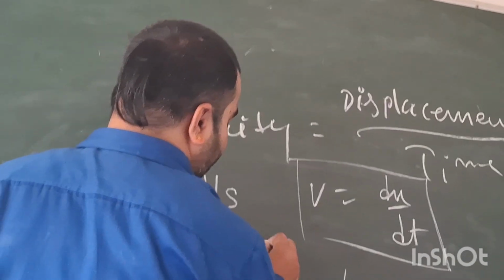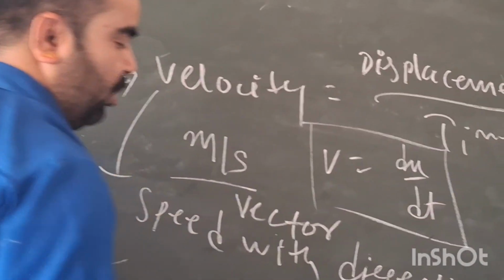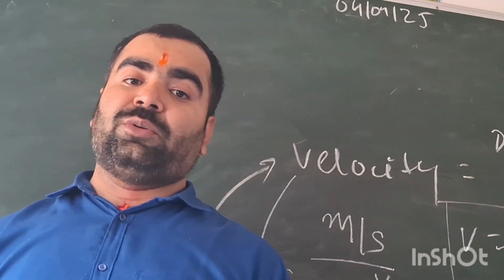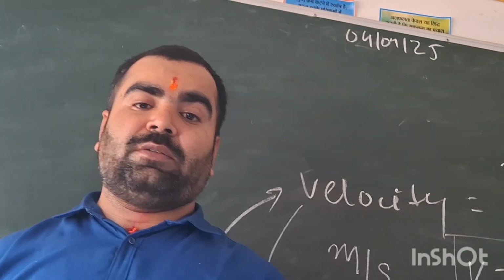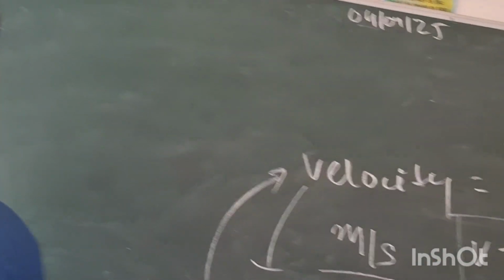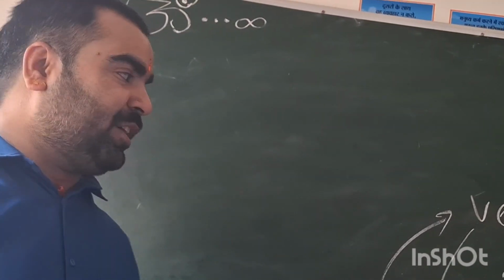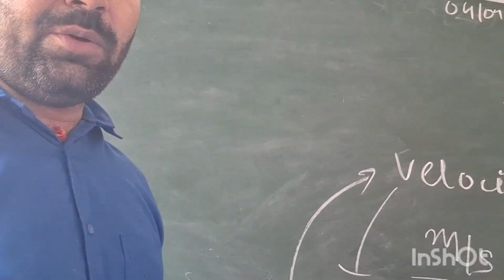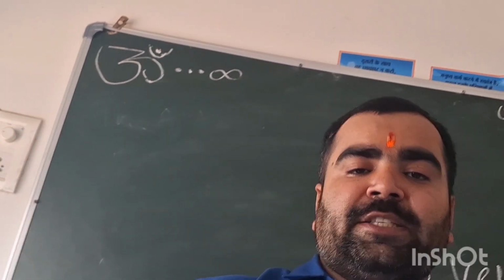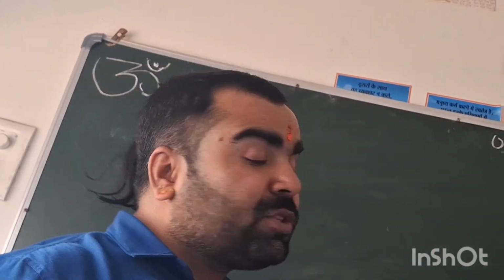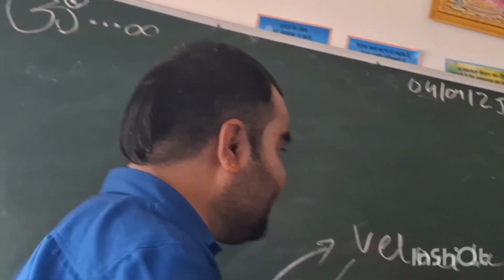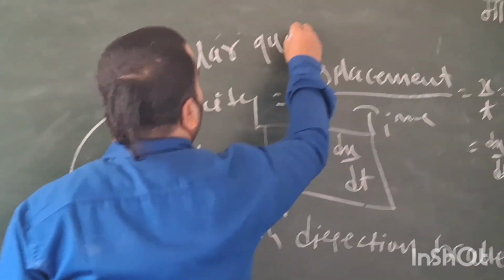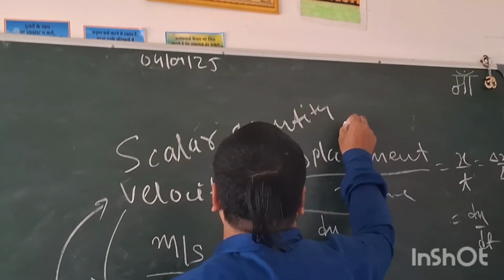It is a vector quantity. Vector quantities are those quantities which have both magnitude and direction, and those quantities which have only magnitude, no direction, are called scalar quantities.